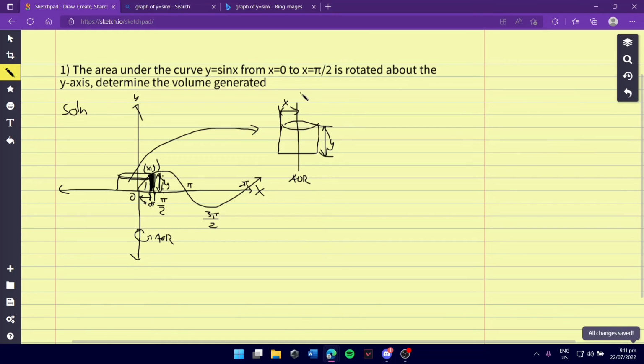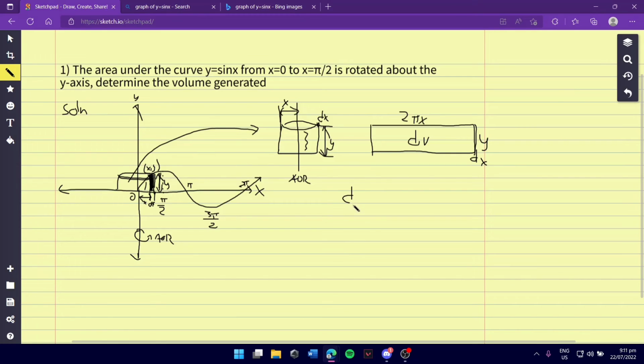And then the thickness here is your dx, right? So next, we will cut it open to make a horizontal rectangular form. So here will be your 2 pi x. This is your y, and the thickness here is your dx. Then the area here is your differential volume, right?